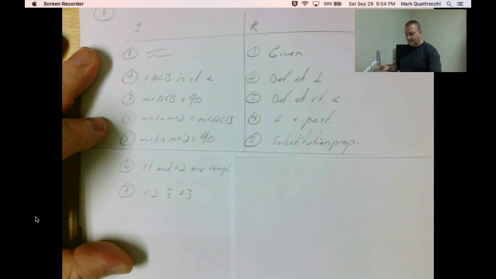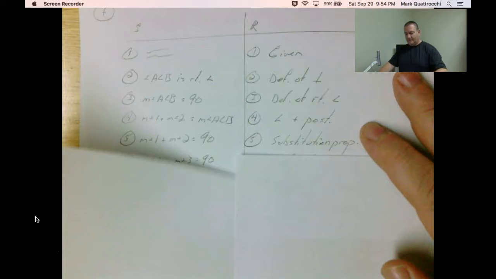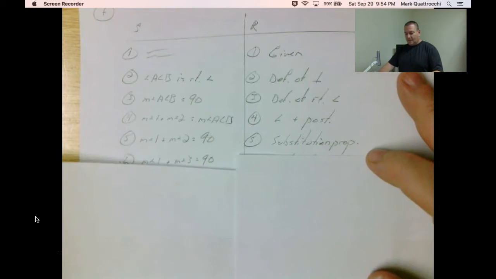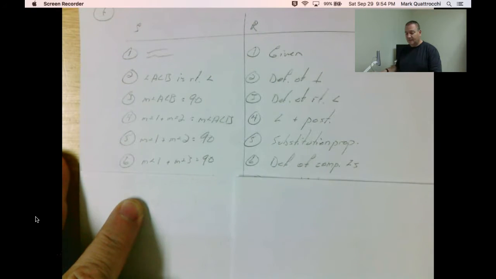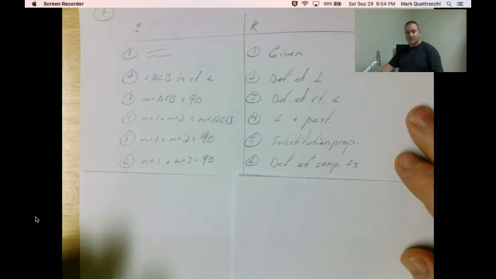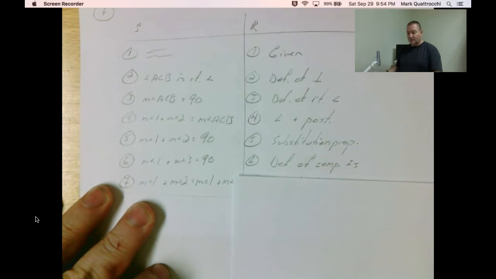Instead, I did a little bit different. I went to the definition of complements and said measure of angle 1 plus measure of angle 3 equals 90. Definition of complementary angles. Angle 1 plus angle 2 equals measure of angle 1 plus angle 3.